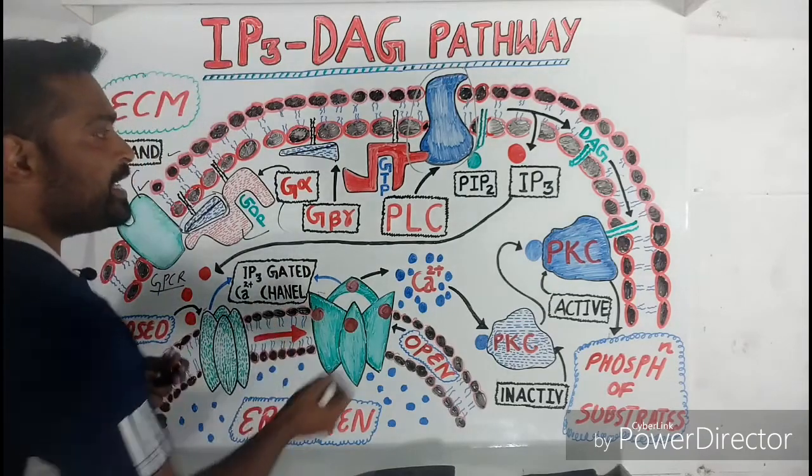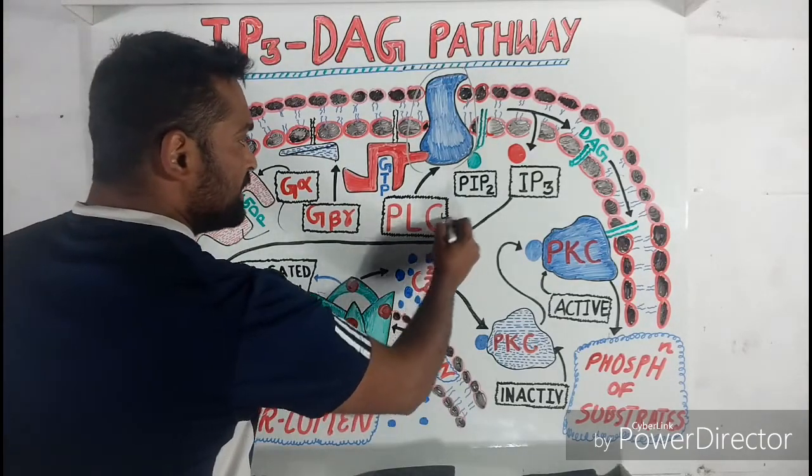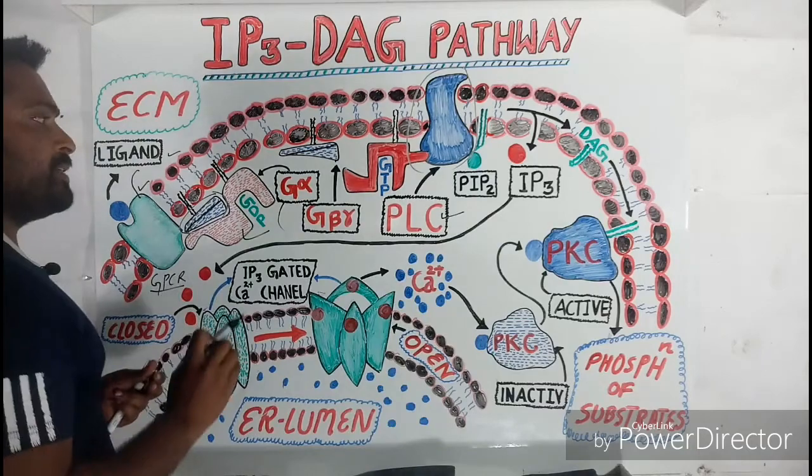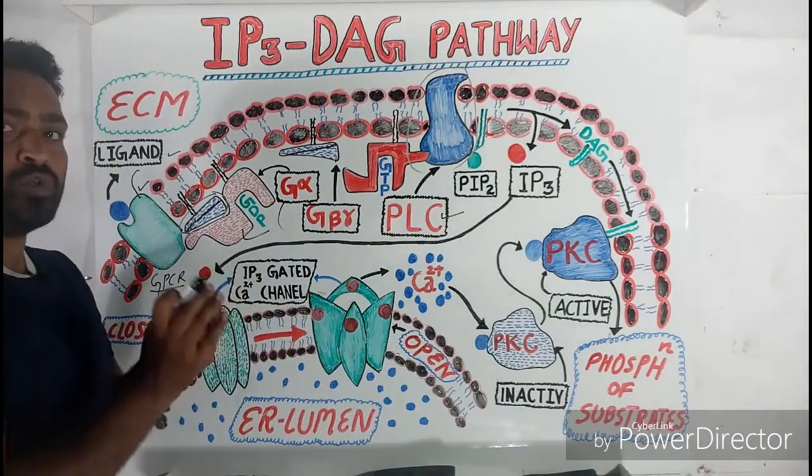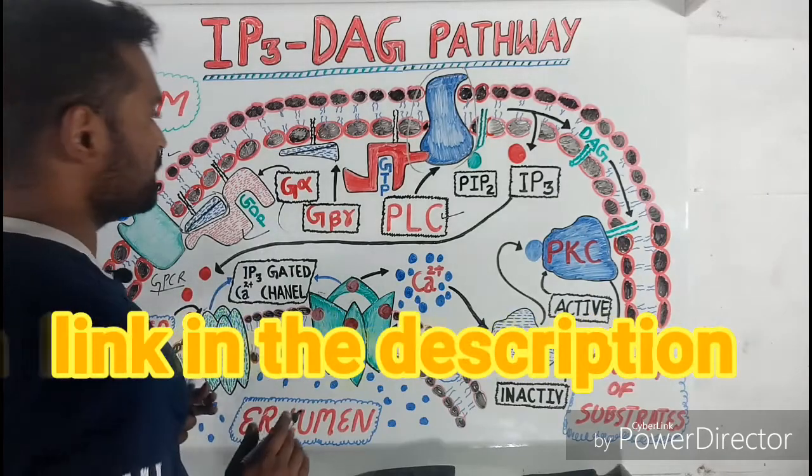In this case, the effector protein is PLC, that is phospholipase C enzyme. If you do not know how it happens, you can watch the previous parts of this lecture series.